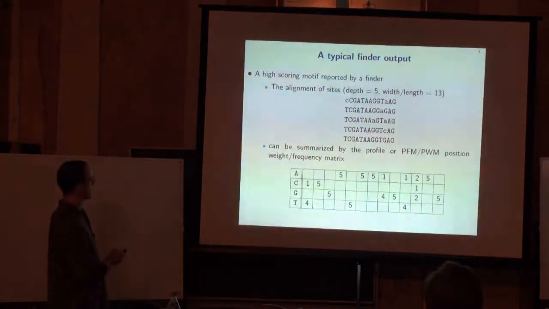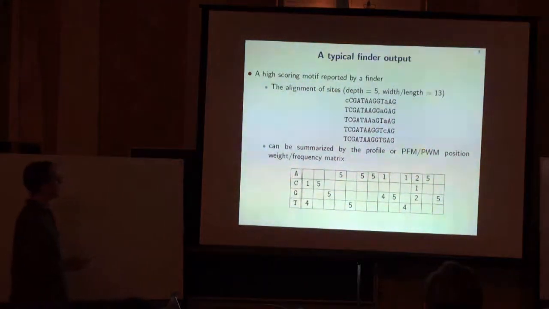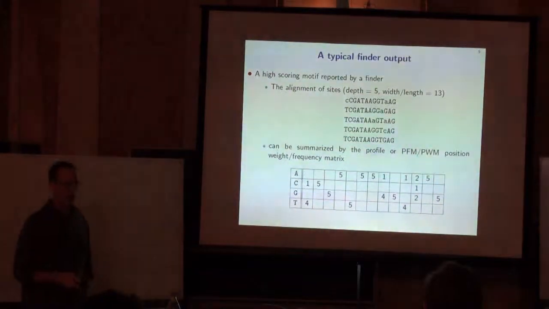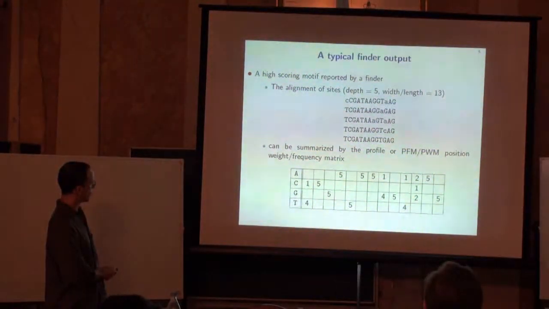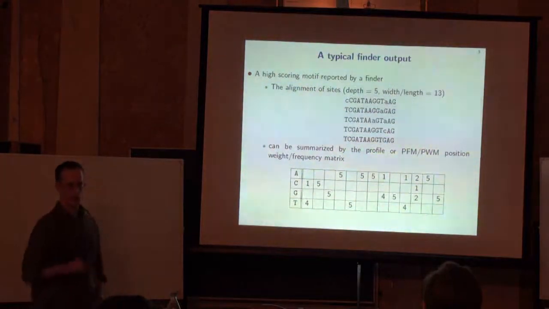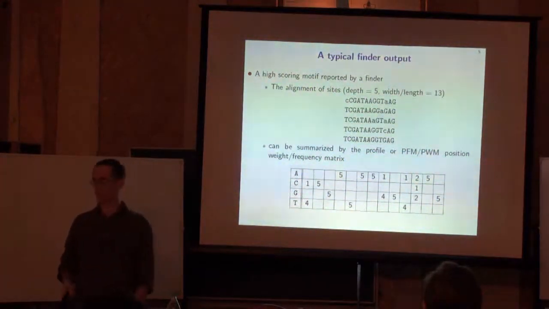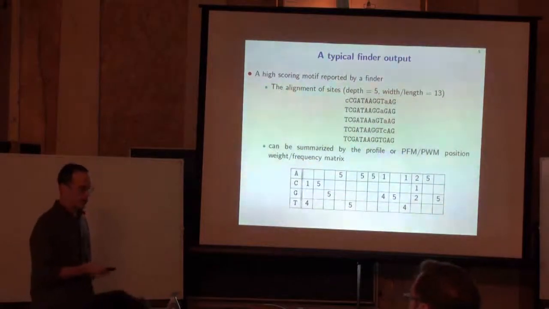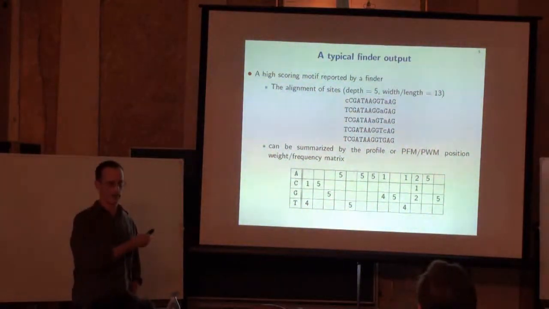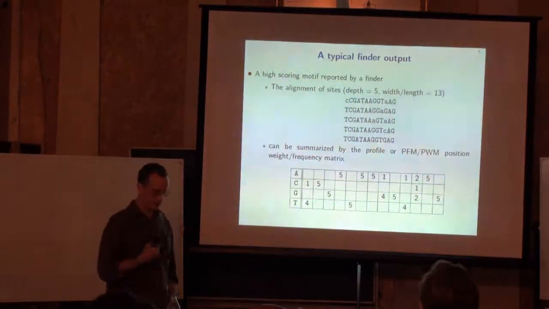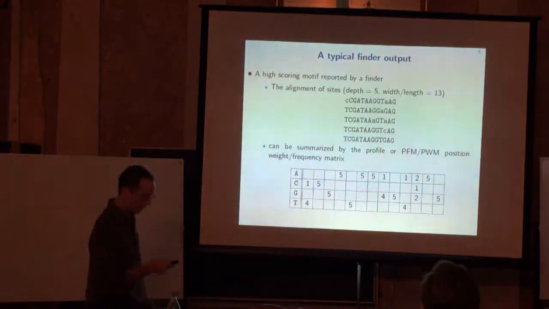For example, in the first column here, there's 1 C and 4 T's. In a position frequency matrix or a weight matrix, this might be translated to 0.2 here and 0.8 here, which is the relative frequency of these counts. So that's one way to summarize the alignment, and already we lost some information by this summary, but it's much more manageable to work with.